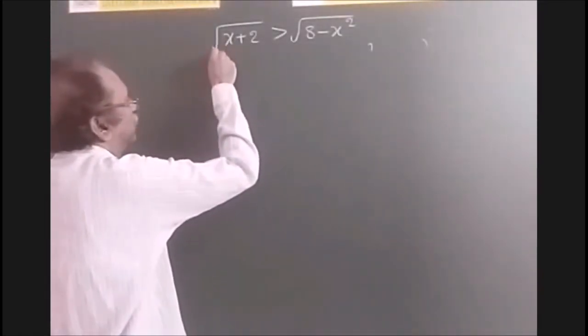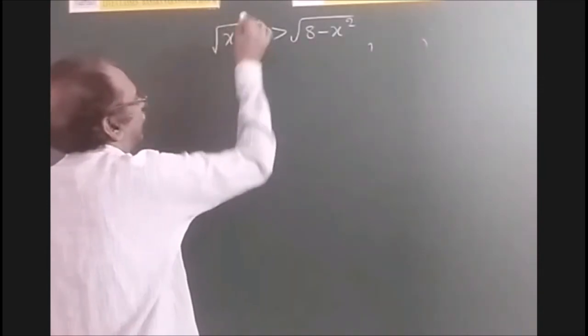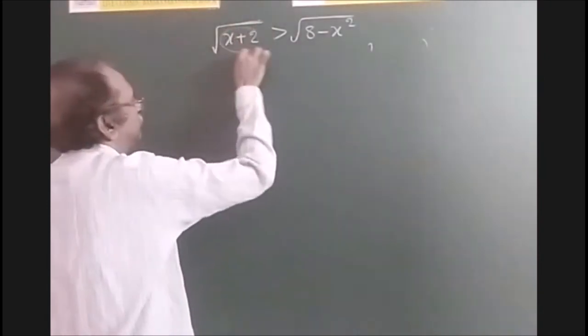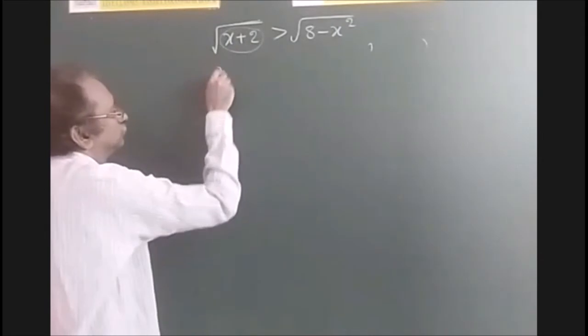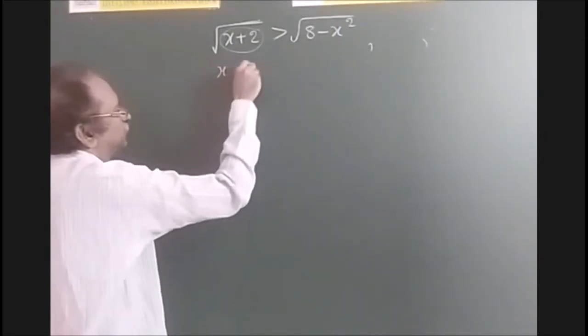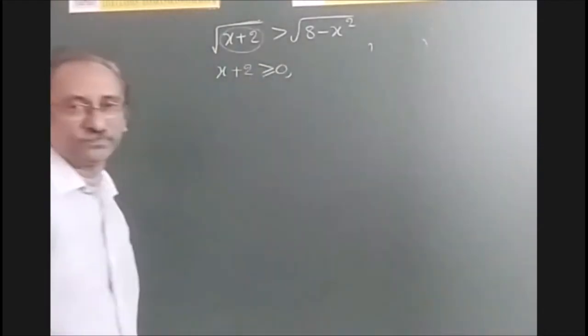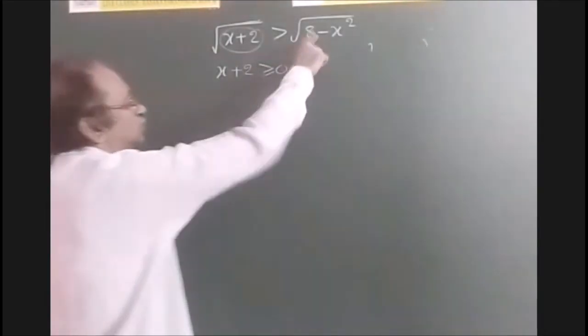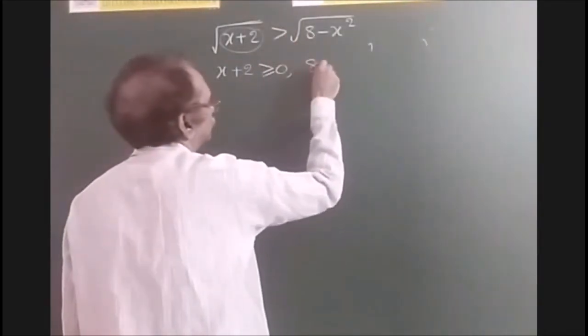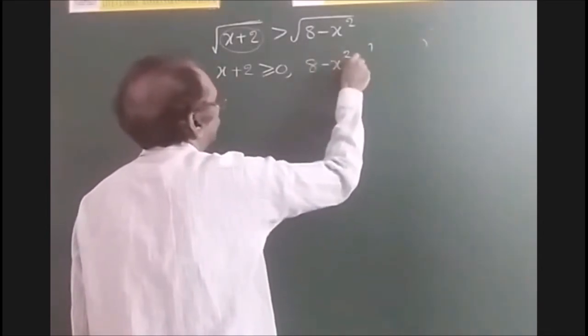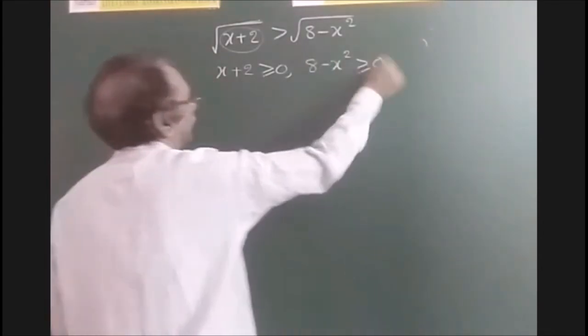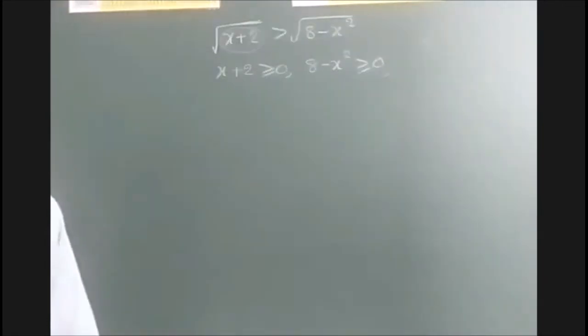Whenever a square root is there, the expression must be non-negative. That is, x plus 2 greater than or equal to 0. Whenever square root of (8 minus x square) is there, 8 minus x square greater than or equal to 0.